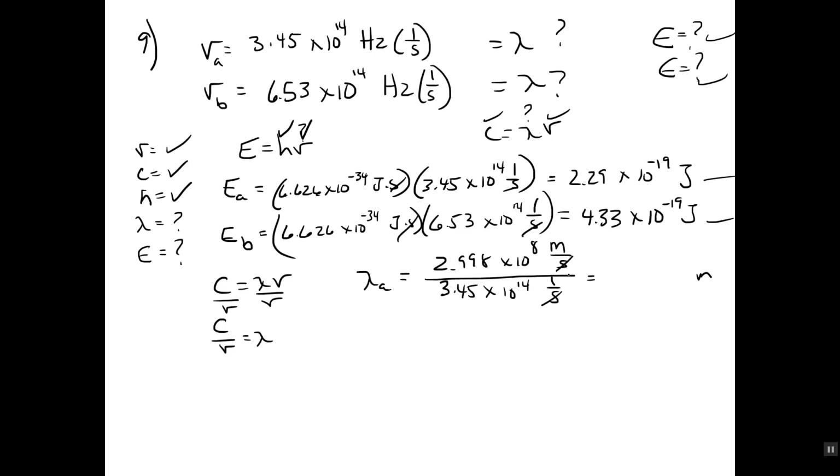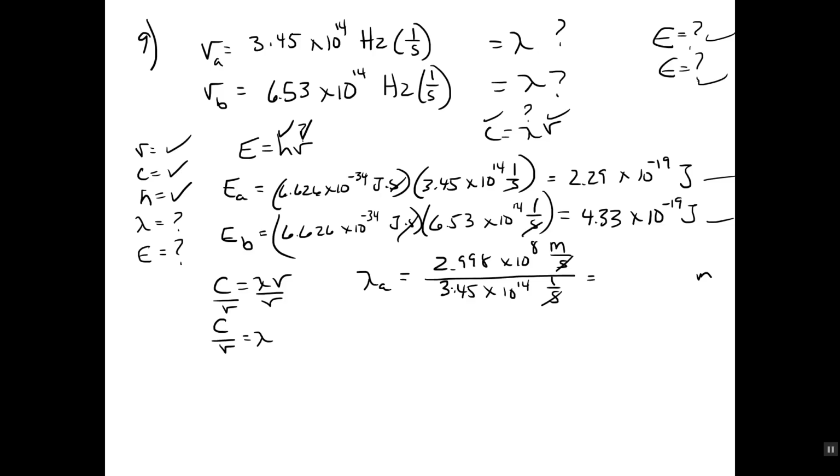So 2.998 divided by 3.45. Right, what did I put here in the bottom? Frequency of A. I'm just checking here in my notes. It's interesting what they did here in the book. It doesn't look right.